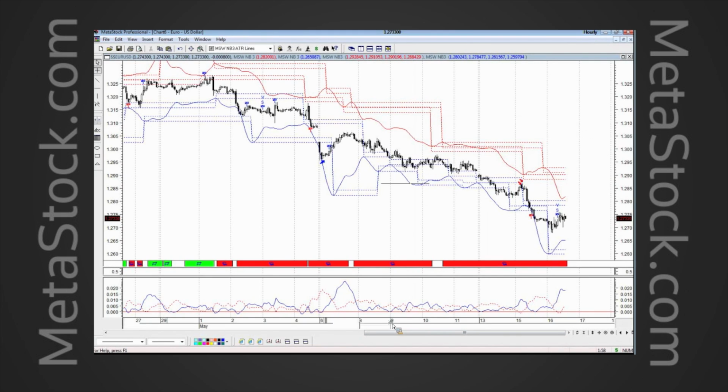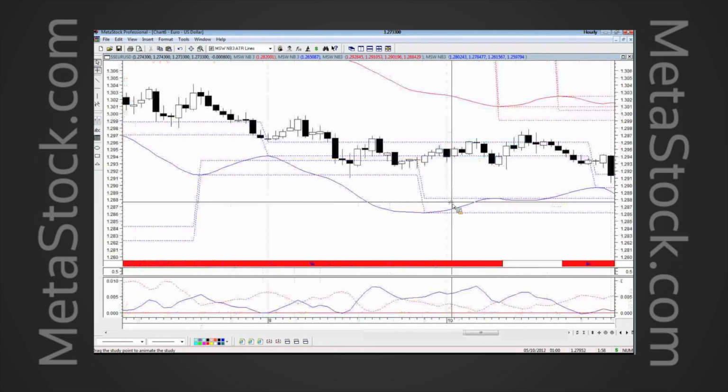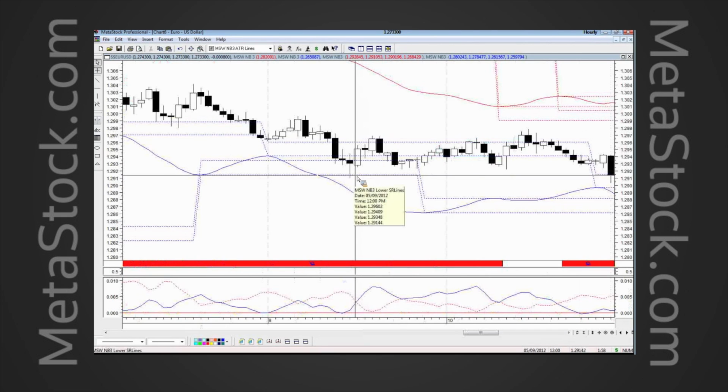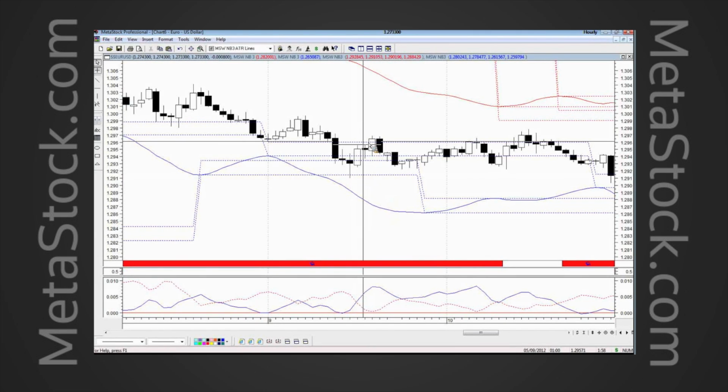If we want to expand this a bit, let me go ahead and use the zoom tool. What I'm really referring to is this area right here where we get an oversold condition. Price trades down to the bottom of this support range, okay? And it's very typical for that to be a setup for it to trade back to the center or higher of that range, okay?